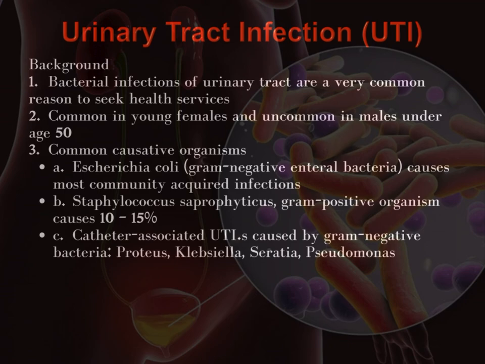Common causative organisms: E. coli, a gram-negative enteric bacterium, causes most community-acquired infections. Then Staphylococcus saprophyticus, a gram-positive organism, causes 10 to 15% of the cases, and catheter-associated urinary tract infections are caused by gram-negative bacteria: Proteus, Klebsiella, Serratia, and Pseudomonas.